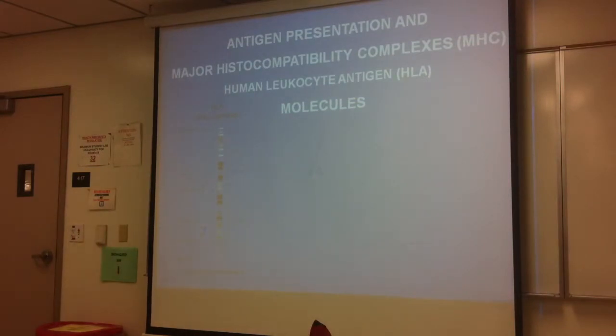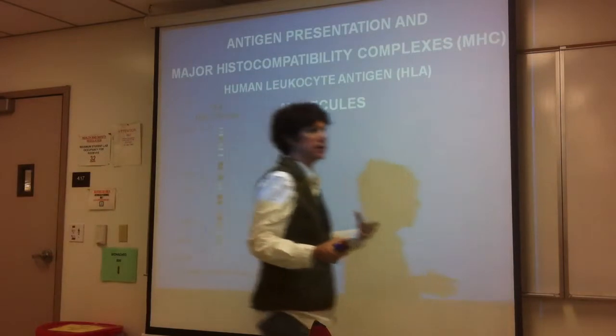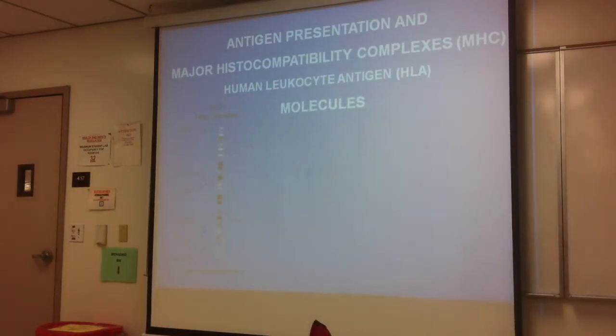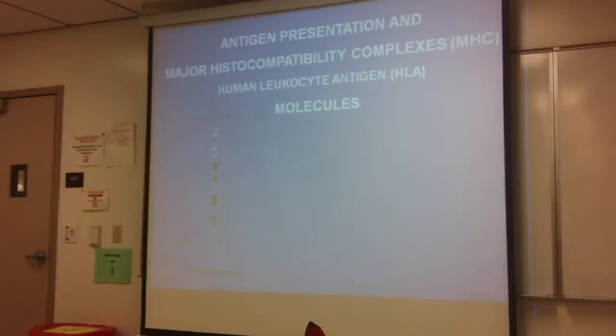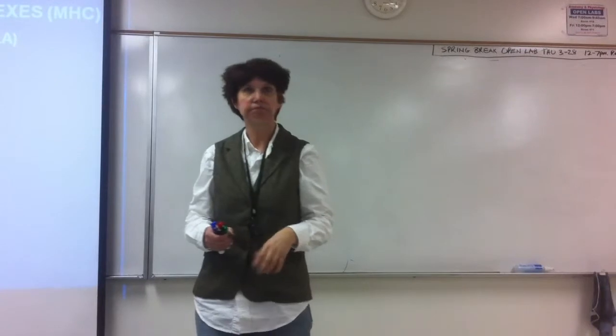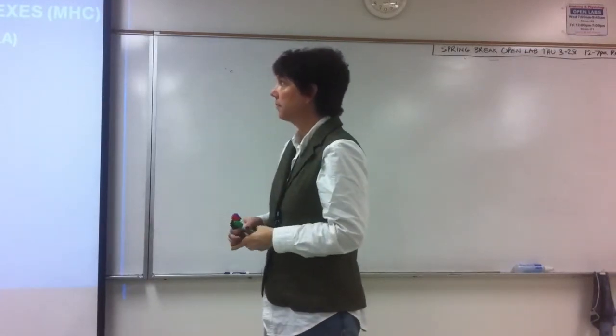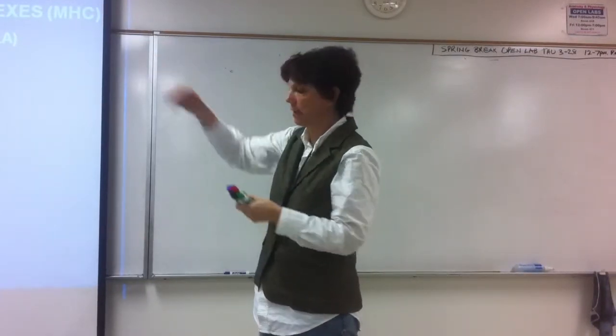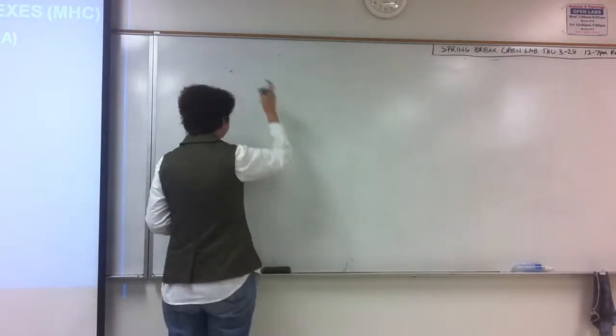So there are two different types of molecules present on the surface of cells that bind to these antigens: fragments of a viral wall, parts of a tumor cell, parts of a bacterial wall. They're known by two names.